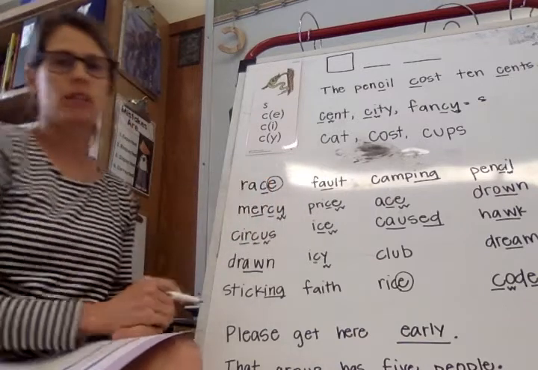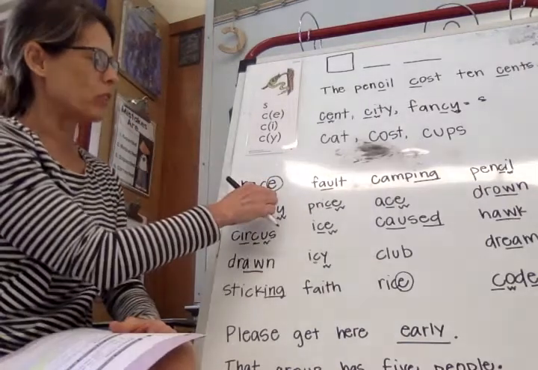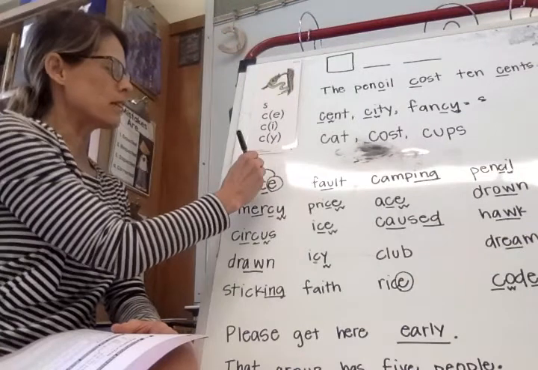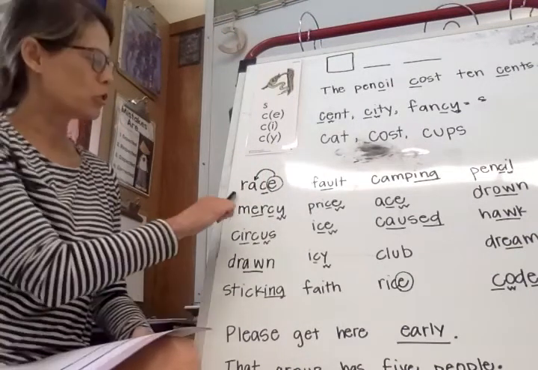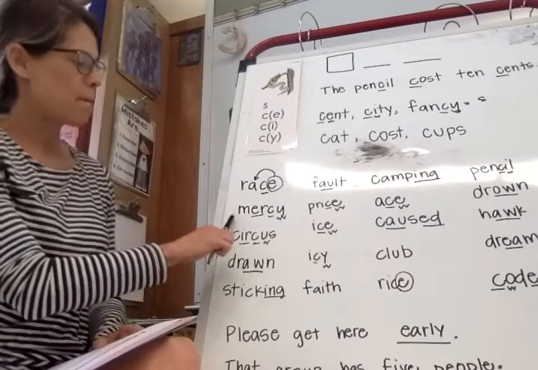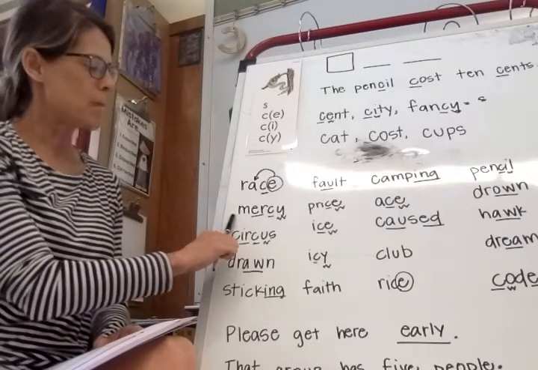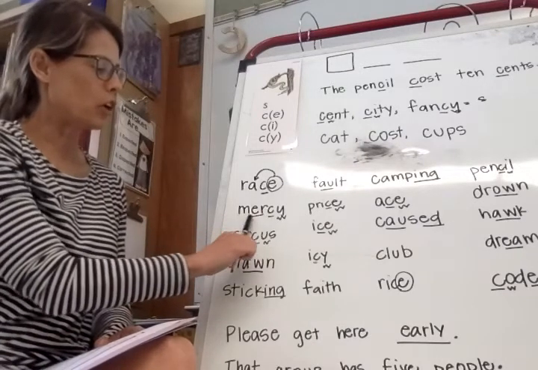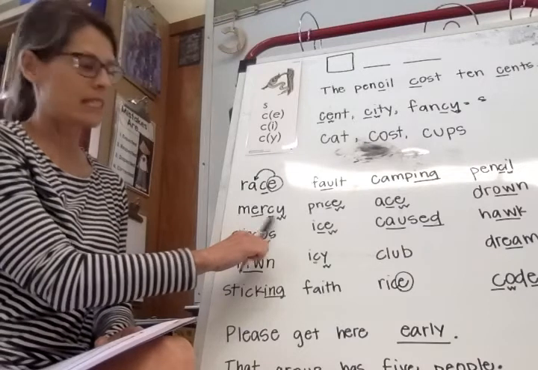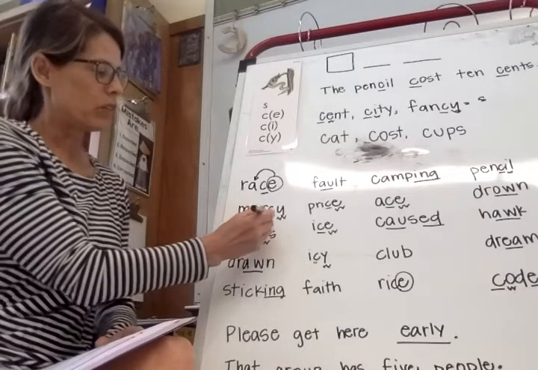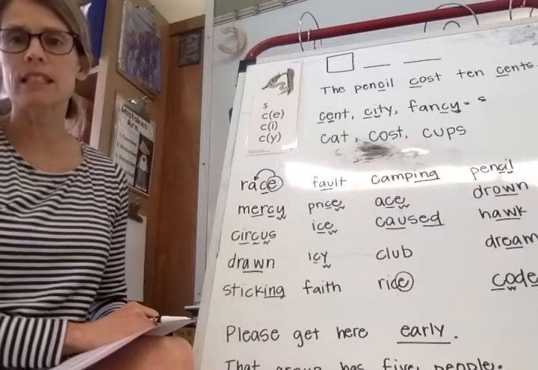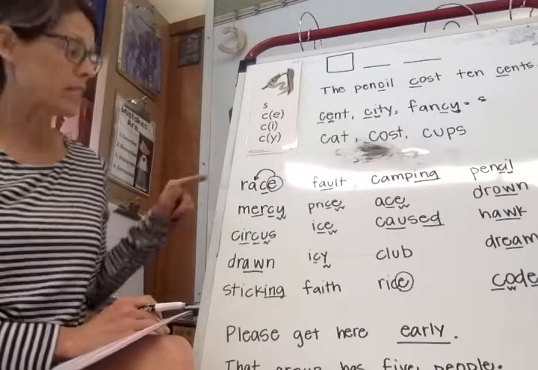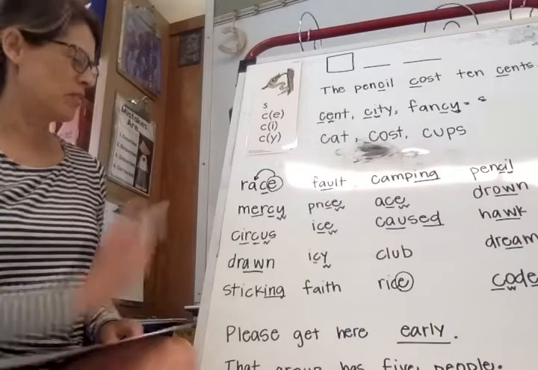There's that C, race, with an E after it. It's also an E that's telling the A to say its name. So there are two things going on here. Mercy. There's that C with a Y after it, so it's saying S. And if you're in my class, you know Mercy from Mercy Watson, don't you?